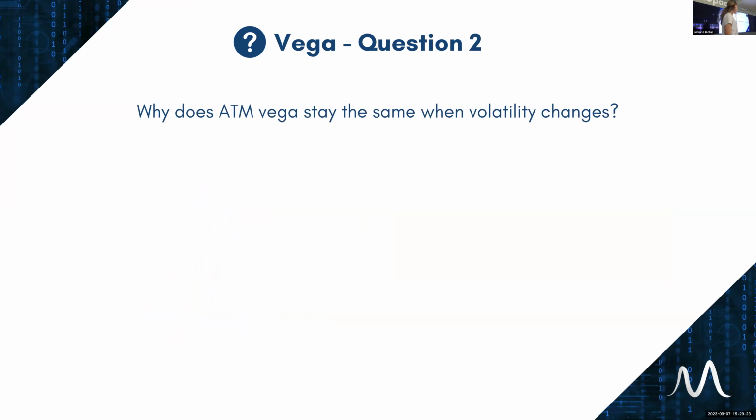Good question. So why does at the money Vega stay the same when volatility changes? Any ideas? Yeah.